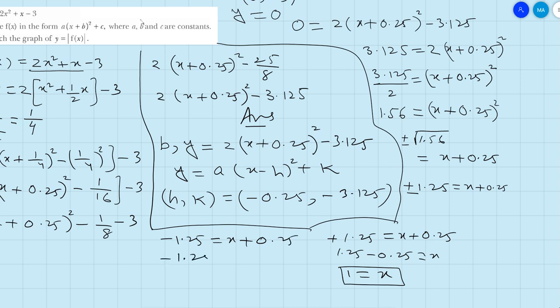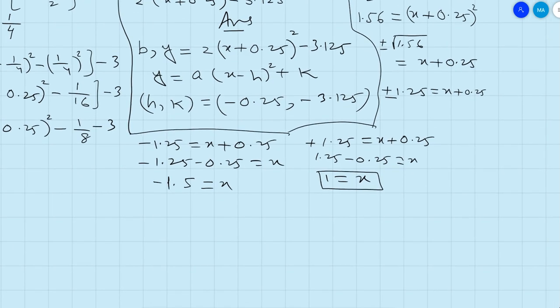So -1.25 - 0.25 = x, which is -1.50, or simply -1.5. So the other two coordinates are: when x is 1, then y is 0. When x is -1.5, then y is 0.